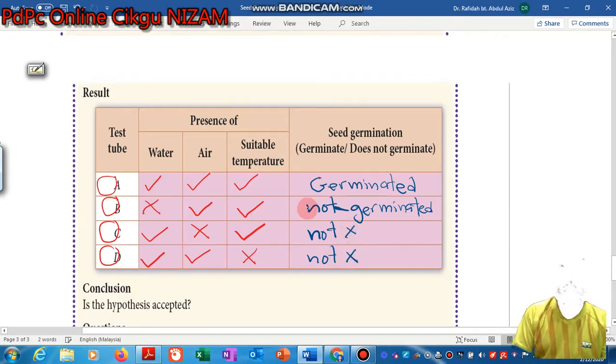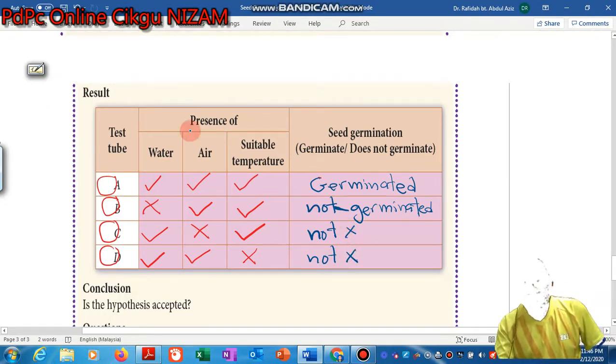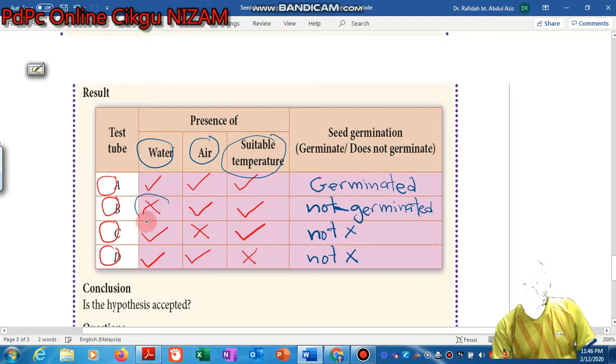Yeah. So now from this we know that in order for the seed to germinate, the seed requires water, air, and suitable temperature. Without water, seed cannot germinate. Without air, seed cannot germinate.